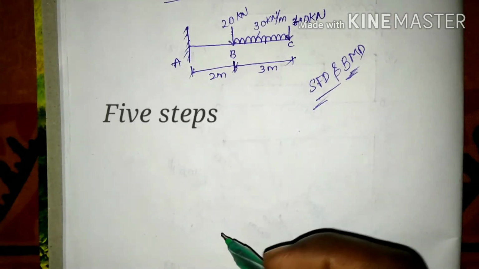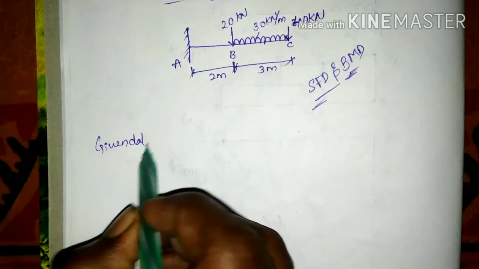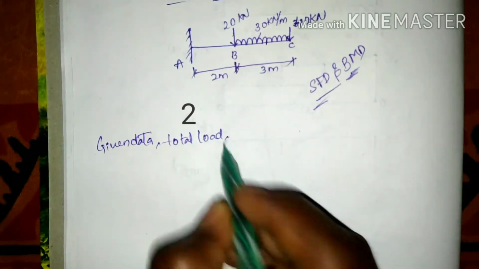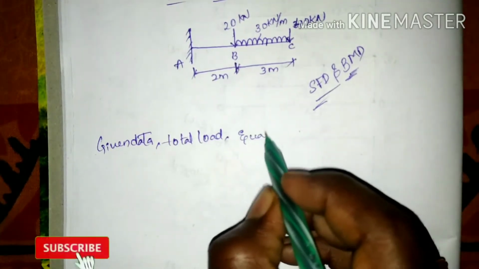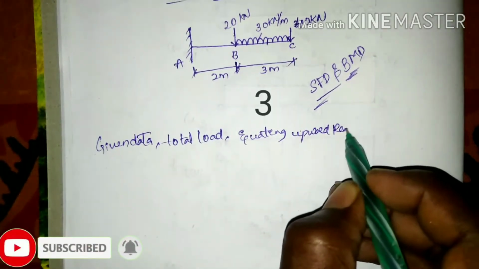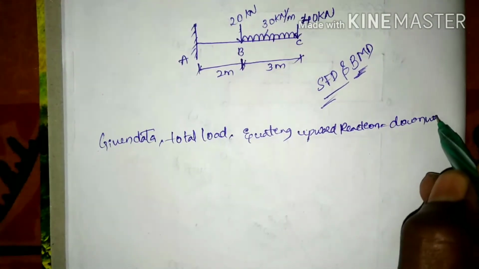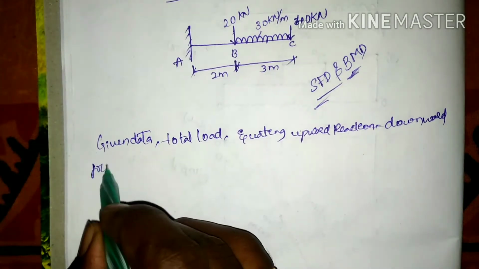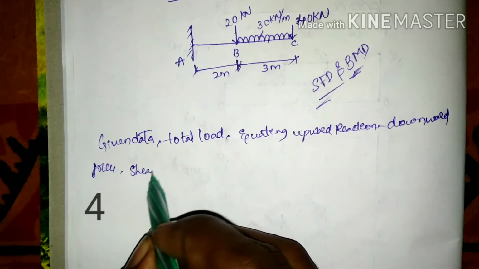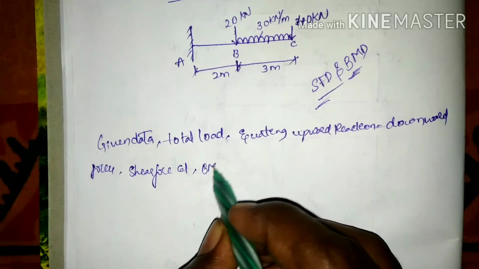According to our 5-step method, we have given data, total load, equating upward reaction is equal to downward forces, and number 4, shear force calculation, bending moment calculation.